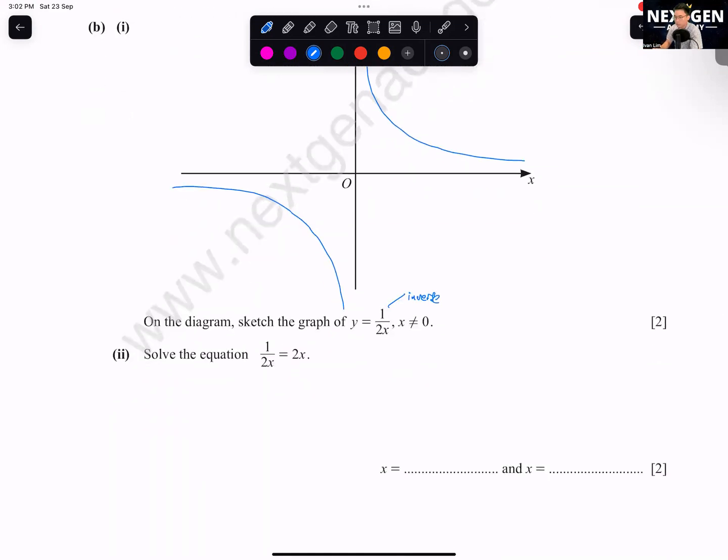So 1 over 2x equals 2x. This one we just solve algebraically. Multiply by 2x. This one will be x squared equals 1 over 4. X will be plus minus square root of 1 over 4, which is plus minus 1 over 2. So negative 1 over 2 and 1 over 2.